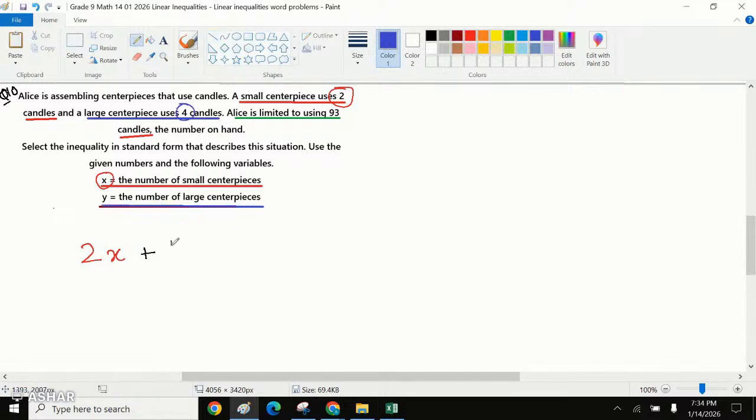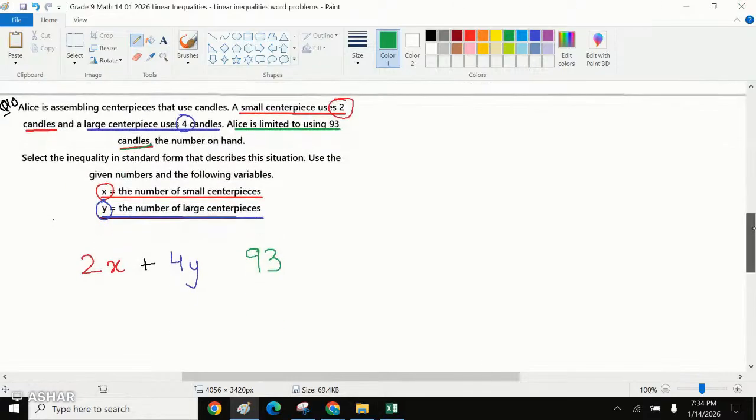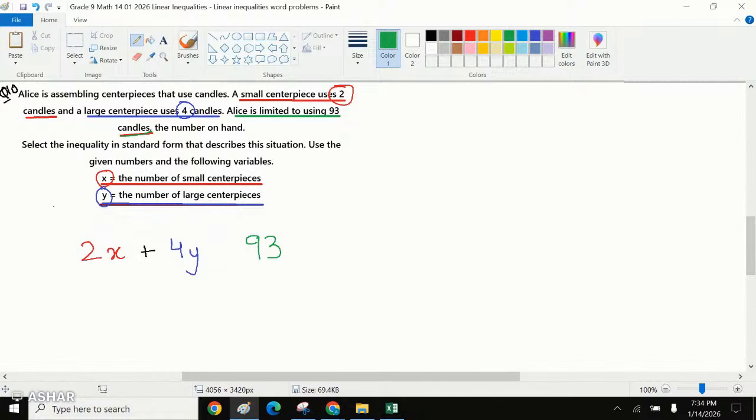Four candles times the larger centerpieces. And the question says she is limited to using 93 only, right? She cannot exceed 93 candles, but that means she can use 93, right? Do we agree? The question does not bar her from using 93.